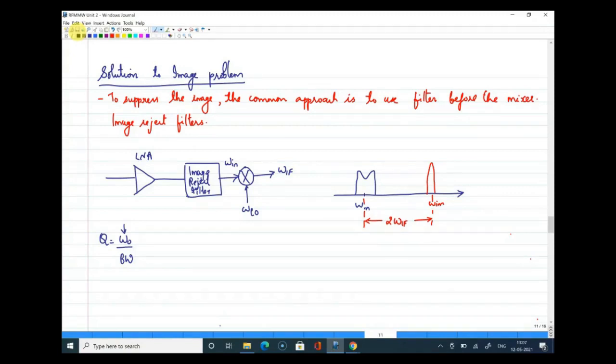So if you look at this diagram, you can see that there is an input signal and there is an image.